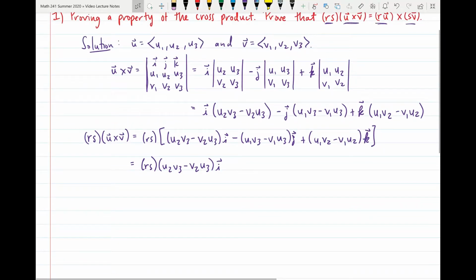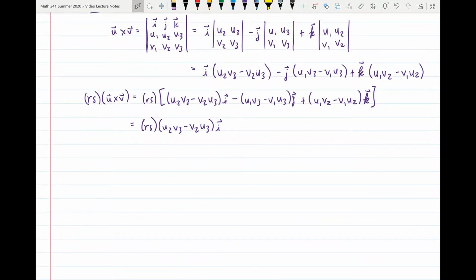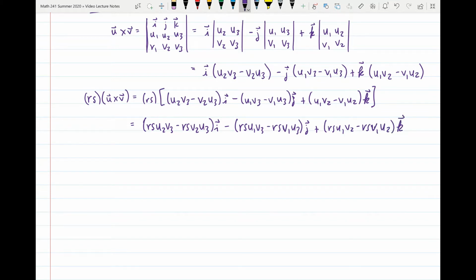I'm going to write rs u2 v3 minus rs v2 u3, i, minus rs u1 v3 minus rs v1 u3, j, plus rs u1 v2 minus rs v1 u2, k. And that looks like it's about as expanded as we can possibly get it.